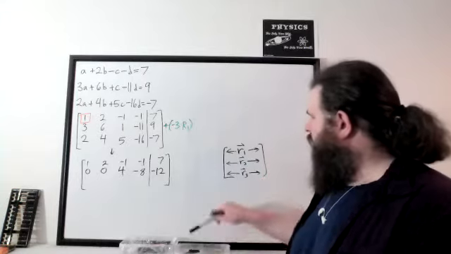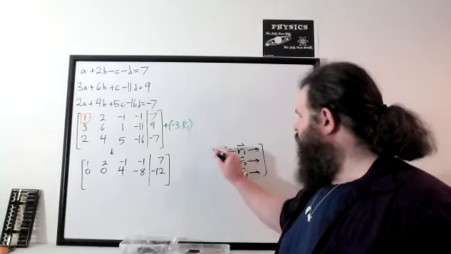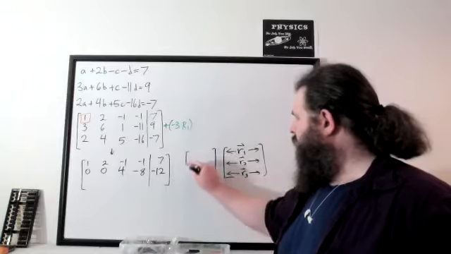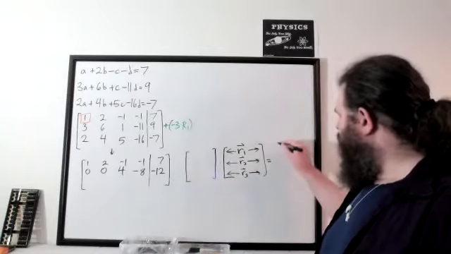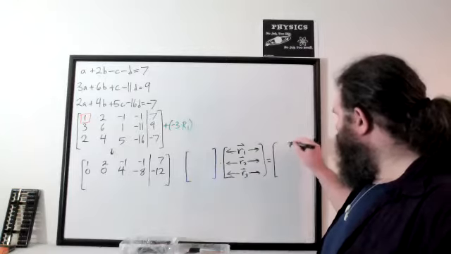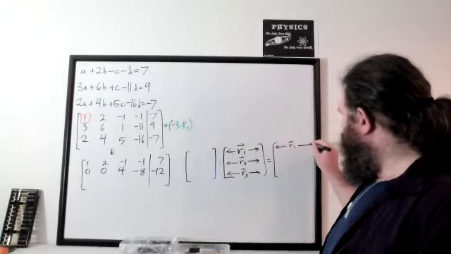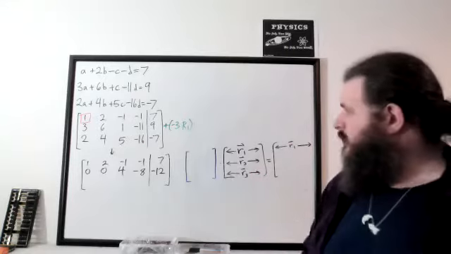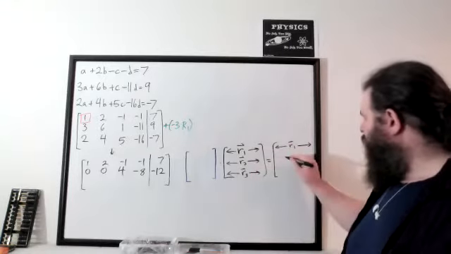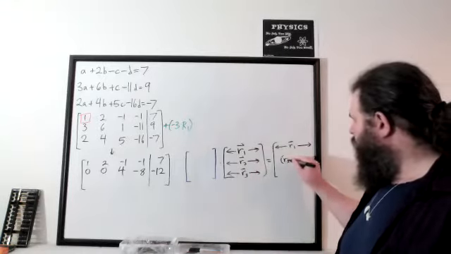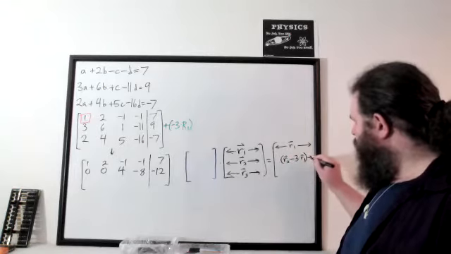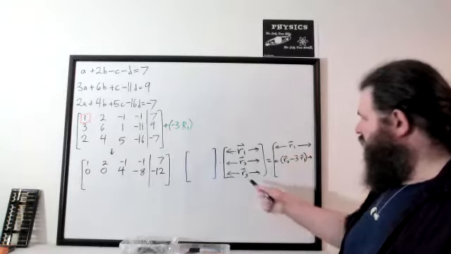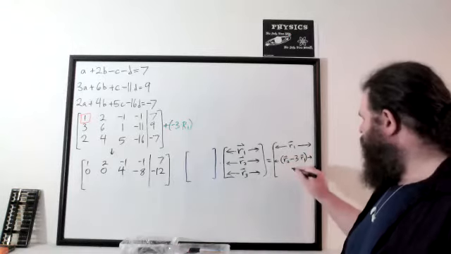The idea is we want to multiply this matrix by some transformation matrix so that the result is keeping R1 the same, but modifying R2 by adding -3 times R1. So R2 minus 3 times R1 as the new second row. And let's say we keep row 3 the same.